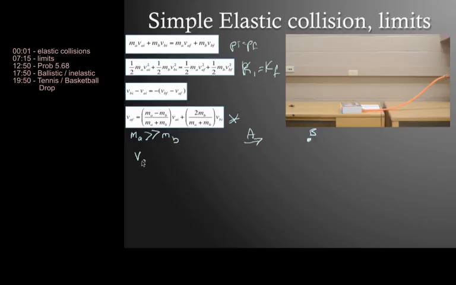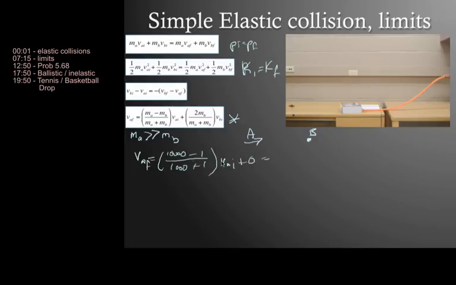So VA is going to be, well, when we plug this in, we get big number, MA, which is a really big number. We can imagine like 10,000 minus 1 over 10,000 plus 1 times VA initial. And then since we said B was at rest, we don't have to worry with that term.